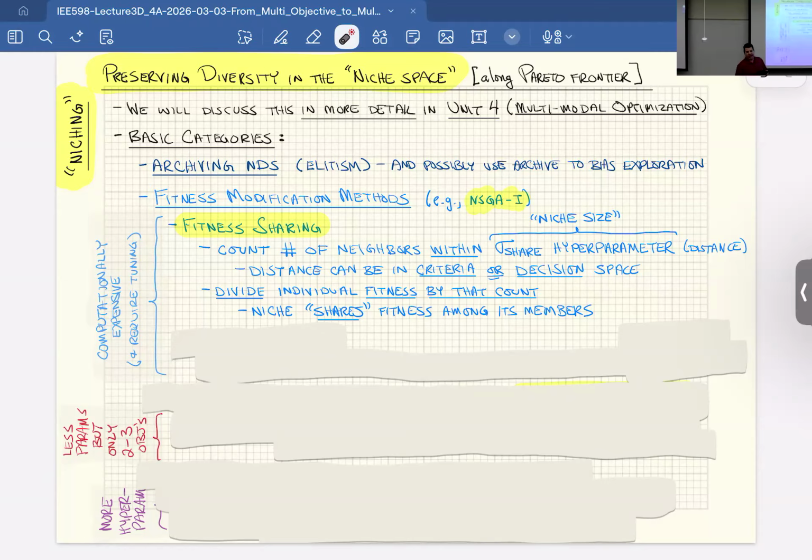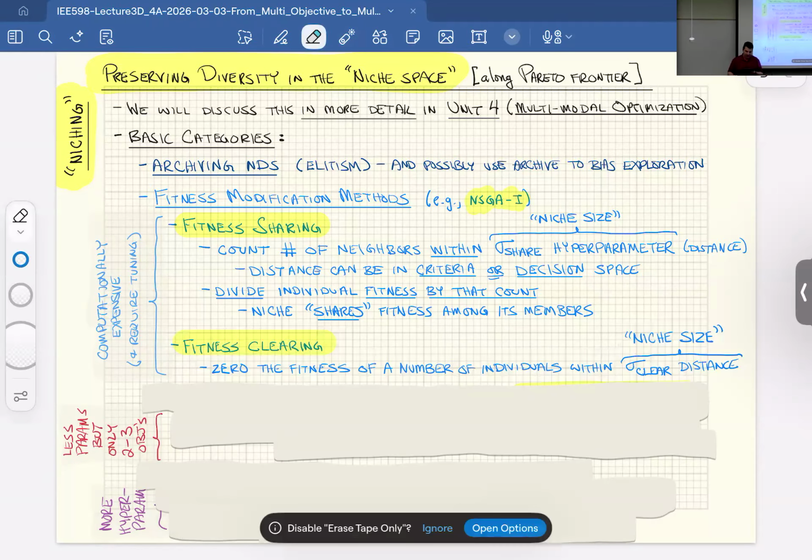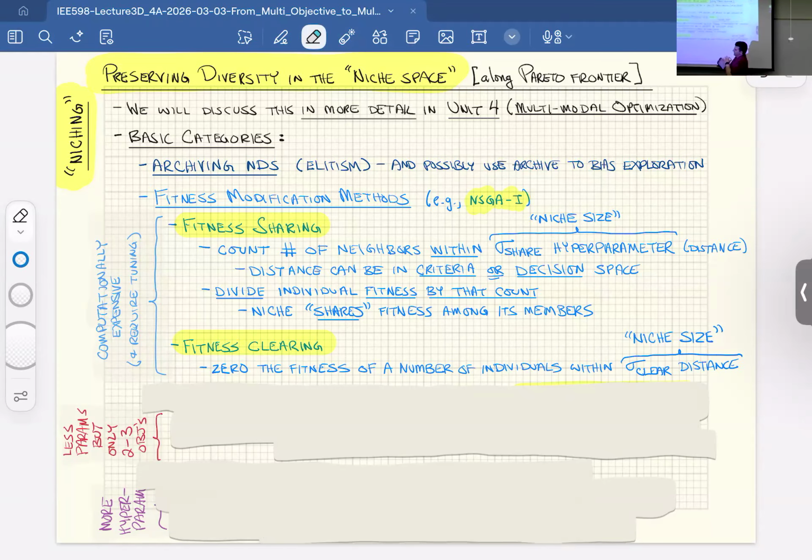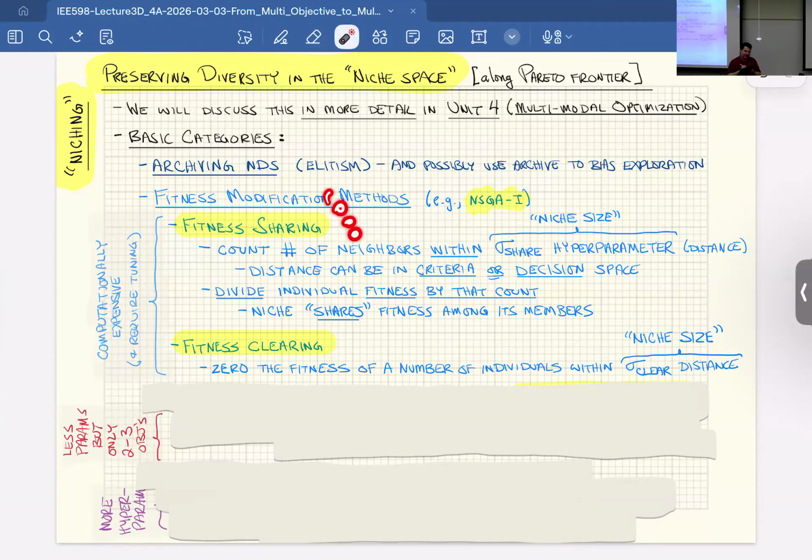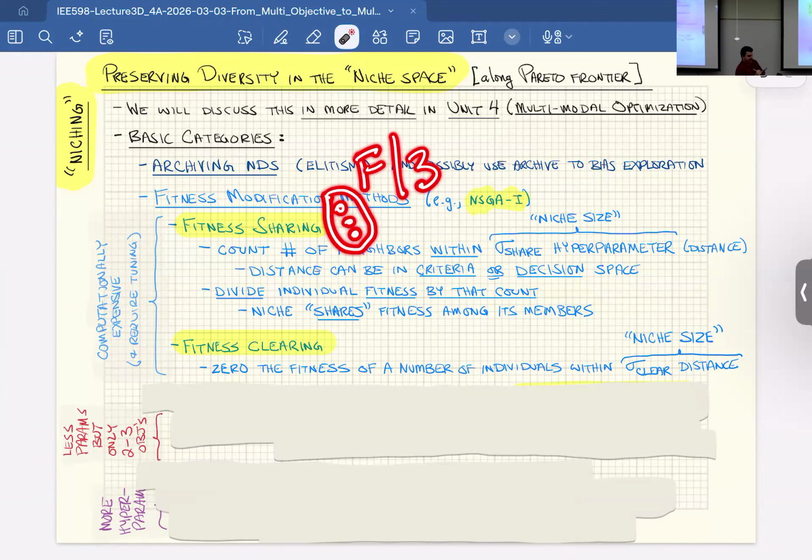Now, an alternative approach to fitness sharing that does a very similar thing is fitness clearing. Again, we'll see precise algorithms for this when we get to multimodal, but the idea is, if I've got those 3 individuals, rather than smoothly saying all of these get a certain fitness divided by 3, I might just take the top individual, the slightly better one, or a random one of these 3, and say it becomes the sole possessor of this niche, and I set the fitness of the other 2 to 0.